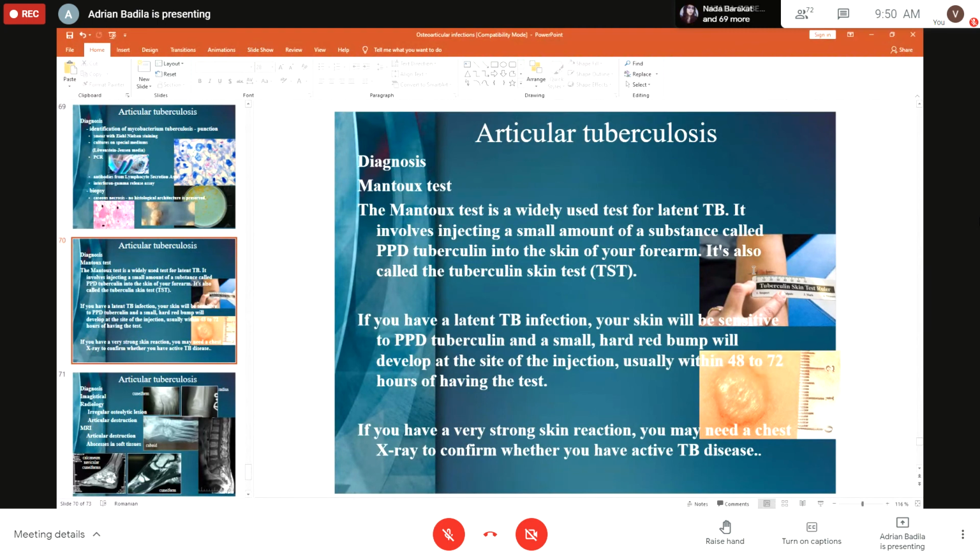That means that your vaccine is active and you are protected against tuberculosis. And in the third instance, you have a larger area with pustula, and in this case, you have an active tuberculosis somewhere in the body. You must perform a chest X-ray and you must search for tuberculosis, osteoarticular or not.